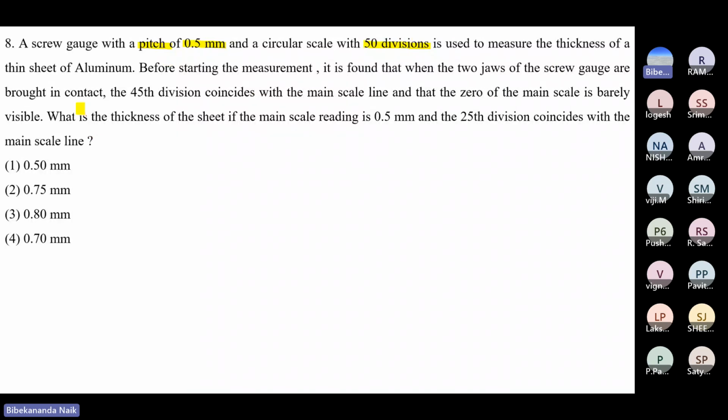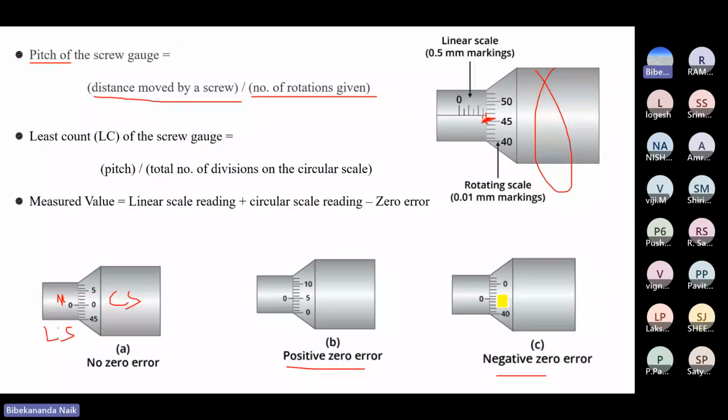This screw gauge is being used to measure a thin sheet of aluminum. Before starting the measurement, when the two jaws of the screw gauge are brought in contact, the 45th division coincides with the main scale line, and the zero of the main scale is barely visible. So this 45th lies with zero. As you can see here also, the 45th is coinciding with zero.